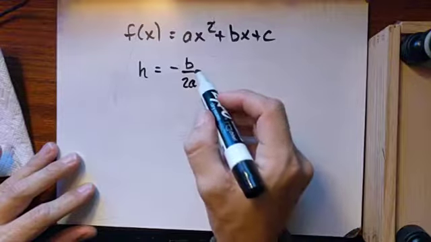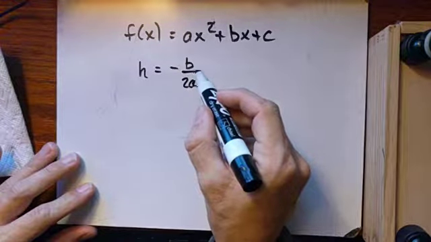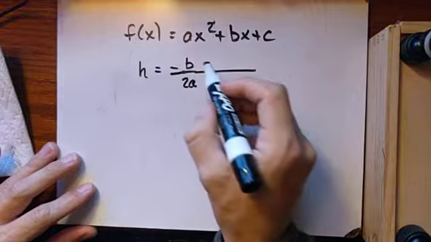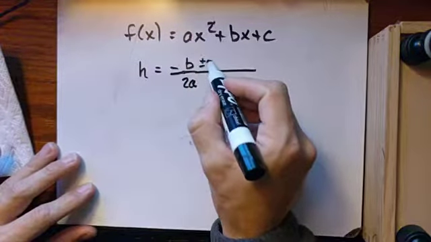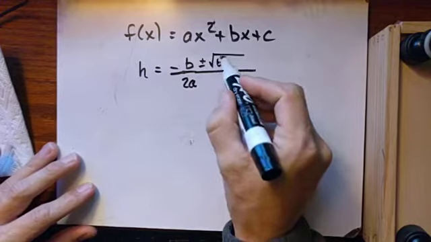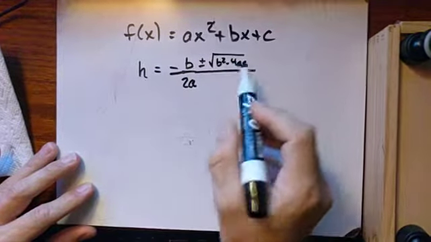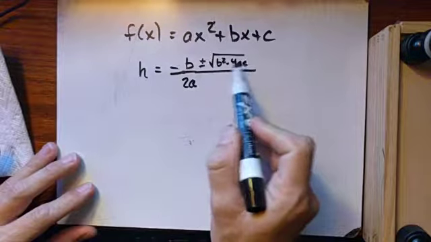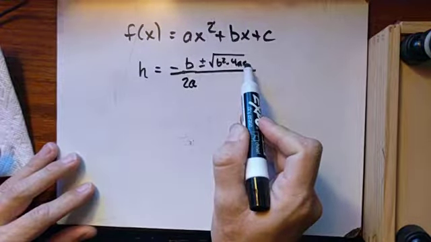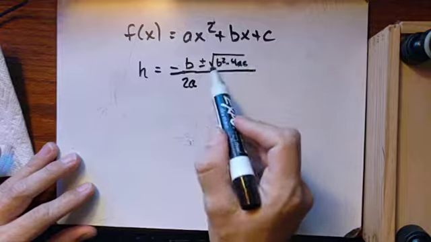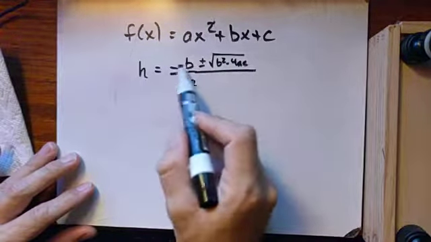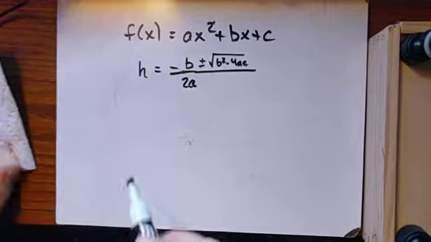In fact, this is part of the quadratic formula, if the numerator is not just negative b, but plus or minus some other thing, right? This underneath the radical is called the discriminant, and it's under a square root. It's the amount you add or subtract to this opposite of b to find the zeros, okay?